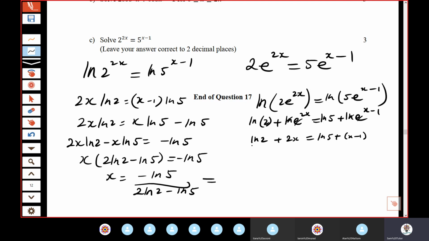Again, same problem as before. We've got x's and numbers on two different sides. We don't like that. So this time I'm going to bring this x over and bring this log 2 over. 2x take away x is just x. And the answer is log 5 minus log 2 minus 1. And that's the answer to this question.